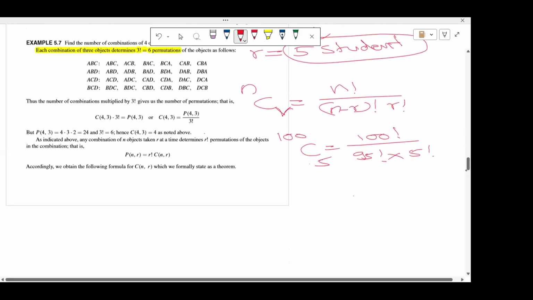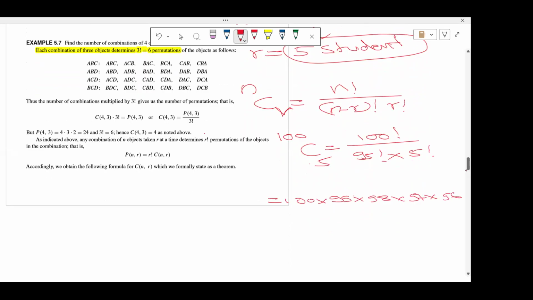So the answer is 100 multiplied by 99, 98, 97, 96 over 5 factorial, 5 into 4 into 3 into 2 into 1. So this is the answer for this permutation, sorry, this combination question.